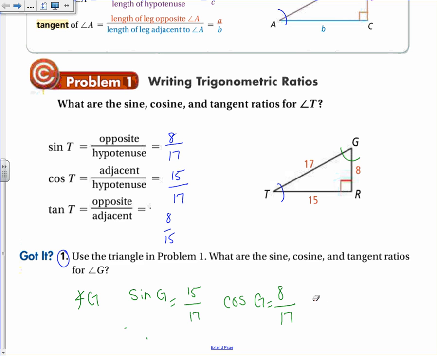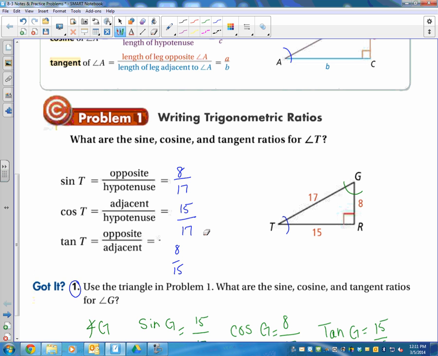And the tangent of angle G is the opposite, which is 15 over 8. So that gives you the ratios for sine, cosine, and tangent.